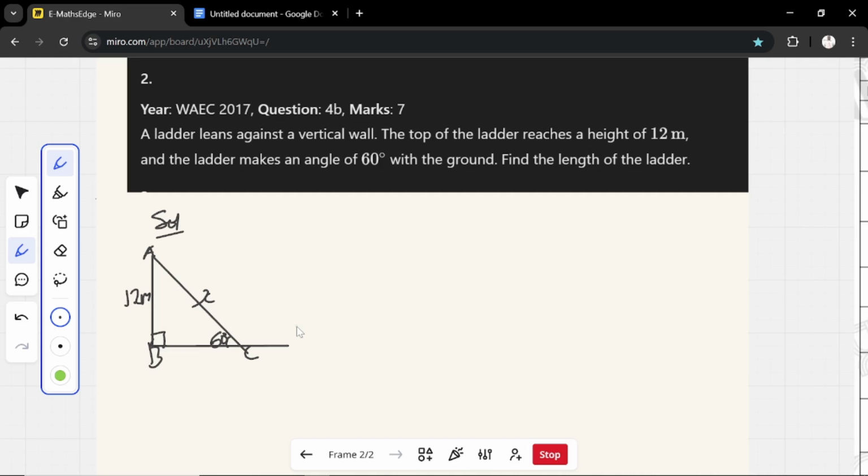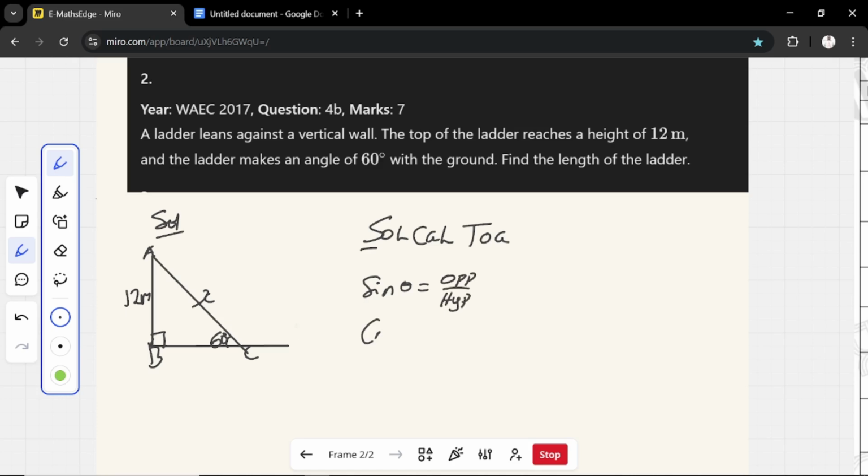And that will take us to SOHCAHTOA, where S stands for sine. Sine theta is equal to opposite all over the hypotenuse.